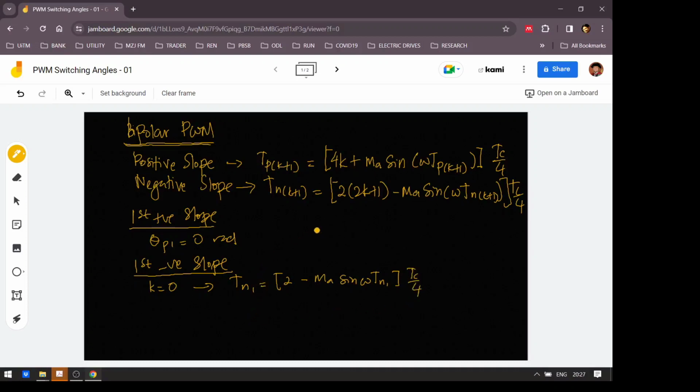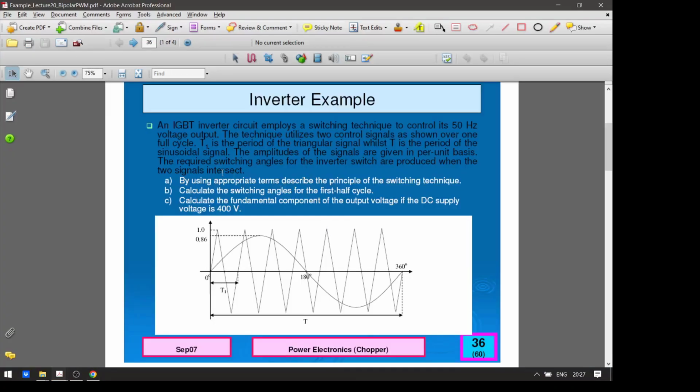And we know from the examples here, the modulation index ma equals 0.86. The frequency ratio will be 7. So the carrier frequency is 7 times faster than the modulating signal, and therefore your fr equals 7.